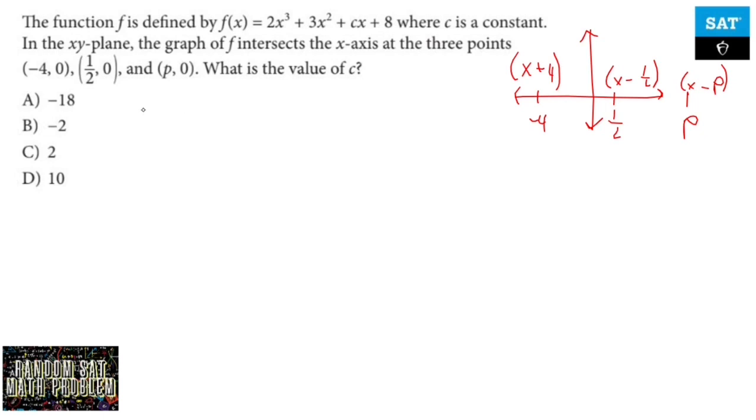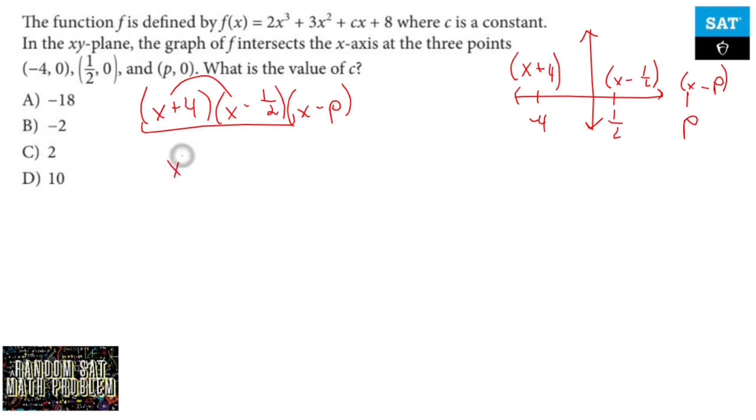So I have x plus 4. I got to FOIL that out twice. So x minus a half. Okay. X minus p. Not going to be fun. So let's FOIL this chunk out first. I got x times x, which is x squared.